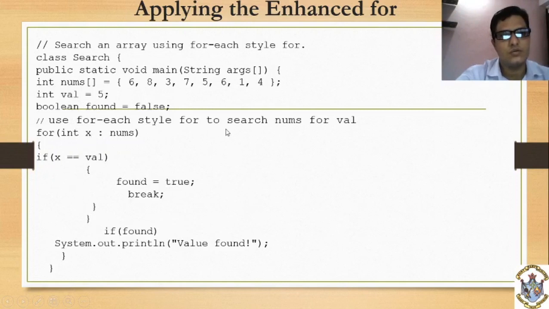No. 7 equal to 5? No. 5 equal to 5? Condition true. If the condition is true, it enters here, sets found to true, and breaks. It terminates from the loop and comes to check if found. If found is true, you display the output as value found.